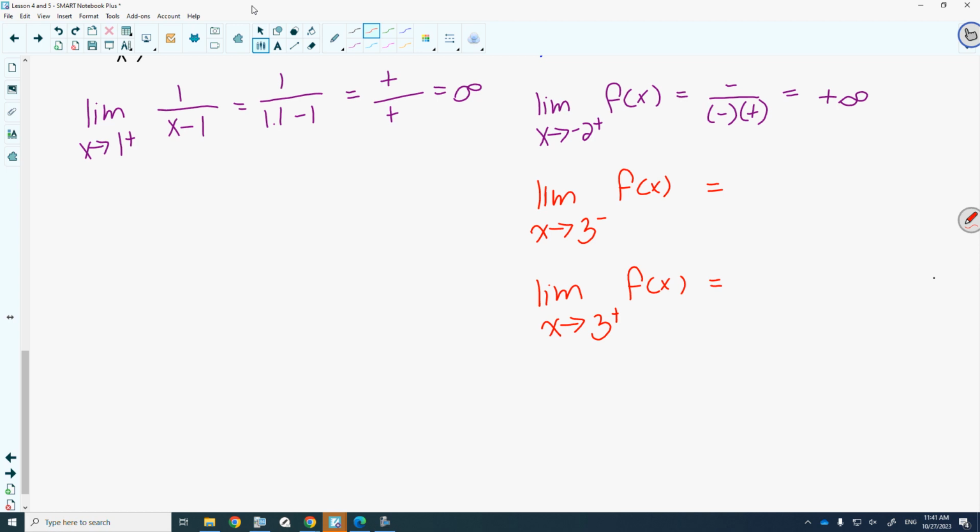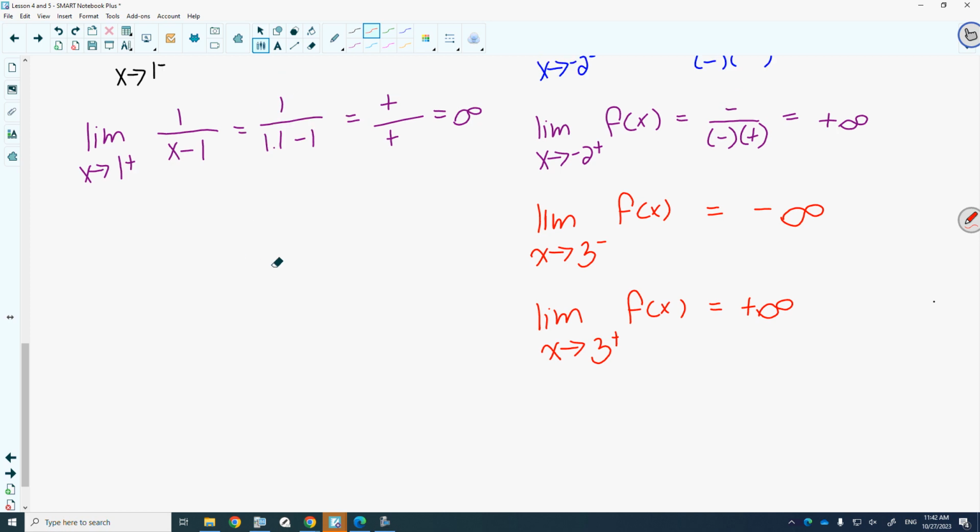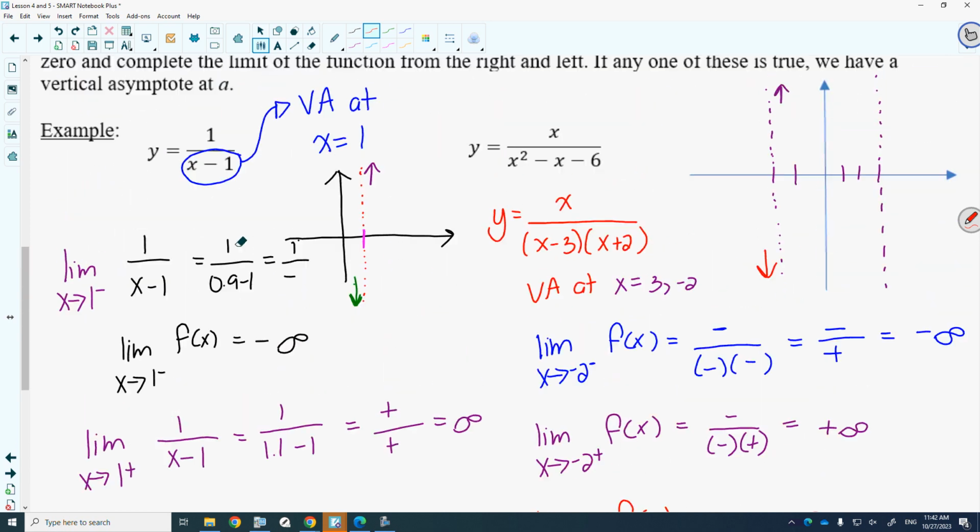Abby, what did you get for the limit as x approaches 3 from the left? Negative infinity is what you should have gotten for this guy. And Shewa, the limit as x approaches 3 from the right-hand side is what? It's positive infinity. So then what you're going to do is go up, and you're going to have an arrowhead down here and an arrowhead up here.